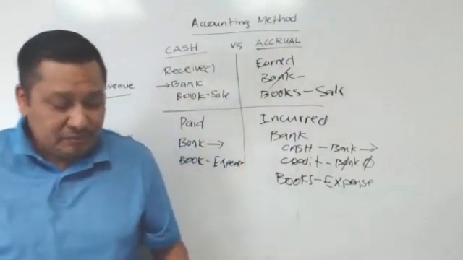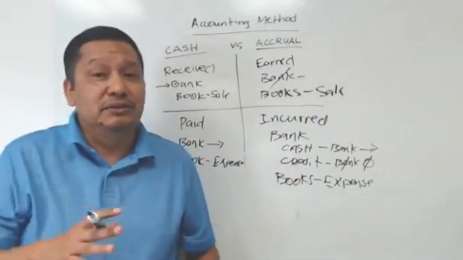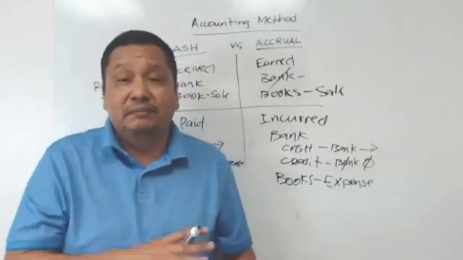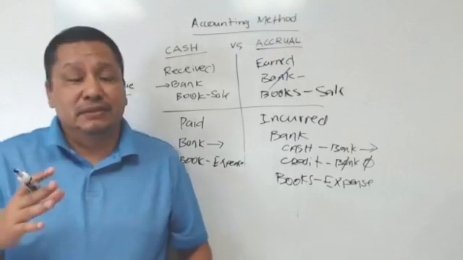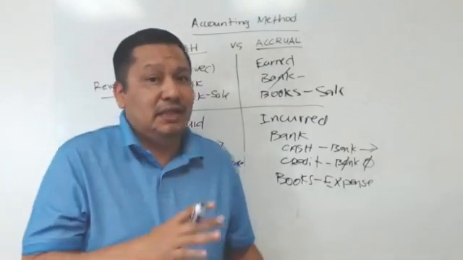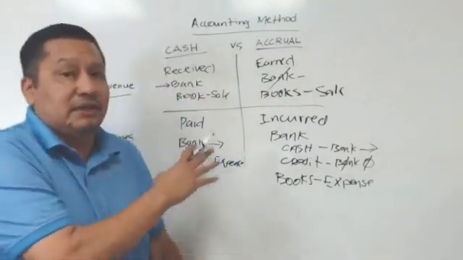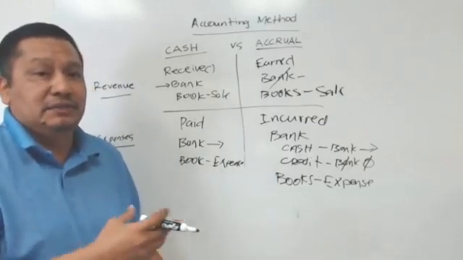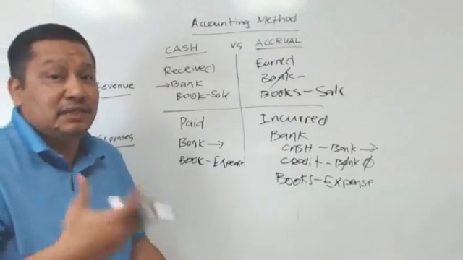So which one should you use in your business? If you're a small restaurant barely starting off, a startup, you could start with the cash method, because you're buying food as it comes in and using it as it comes in.